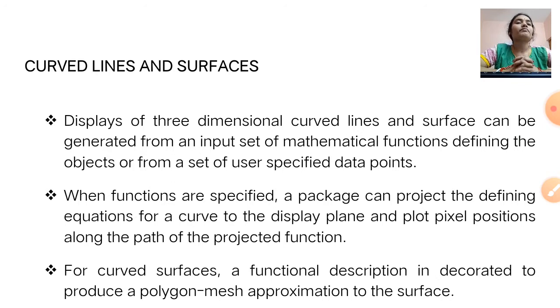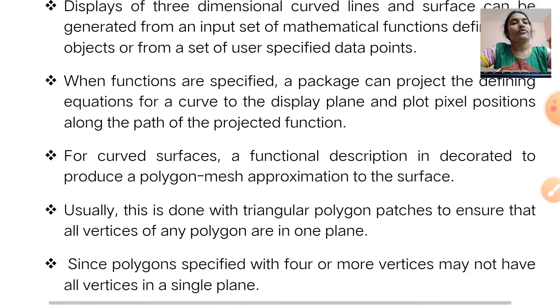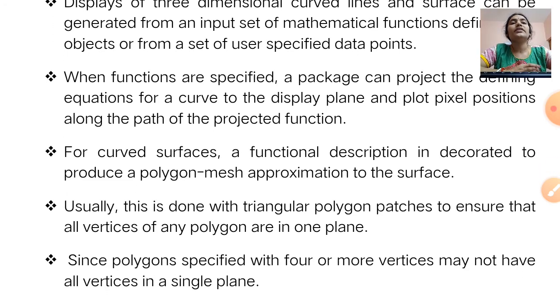When functions are specified, a package can project the defining equation for a curve to the display plane and plot pixel positions along the path of the projected function. For a curved surface, a functional description is tessellated to produce a polygon mesh approximation to the surface.